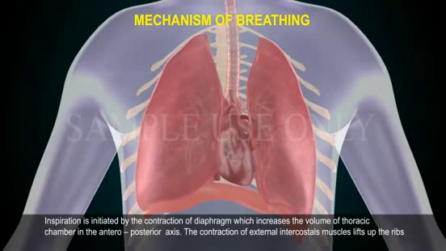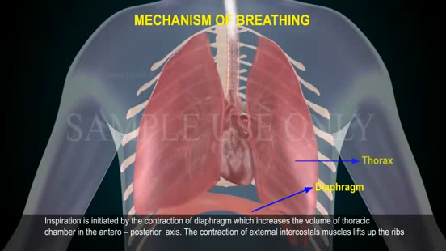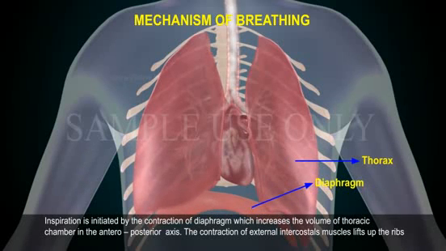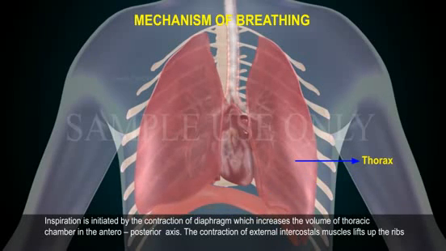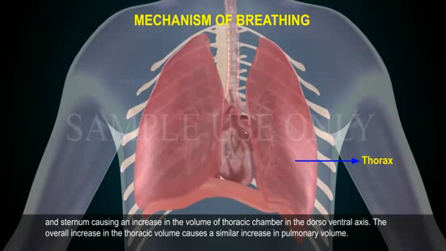Inspiration is initiated by the contraction of diaphragm, which increases the volume of thoracic chamber in the antero-posterior axis. The contraction of external intercostals muscles lifts up the ribs and sternum, causing an increase in the volume of thoracic chamber in the dorsoventral axis.